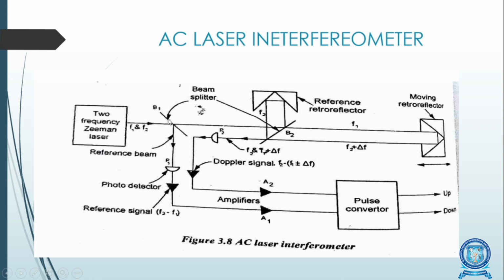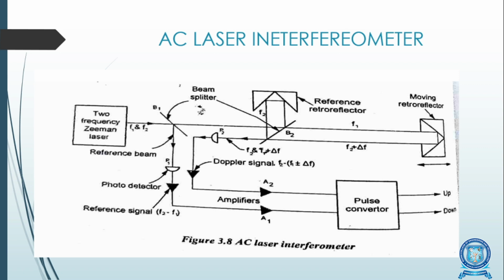So first, what is the use of this 2 frequency Zeeman laser? It is generally a helium neon type laser which generates stable coherent light beams of 2 frequencies. One is vertically polarized and the other is horizontally polarized, related to the plane of the mounting.